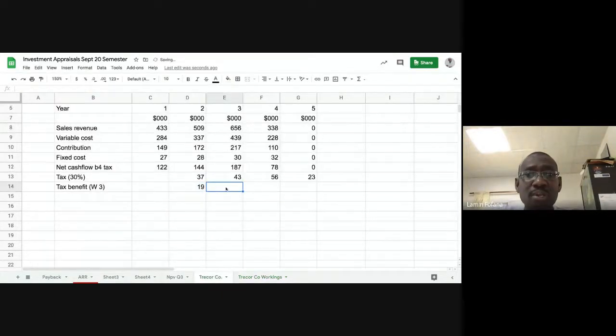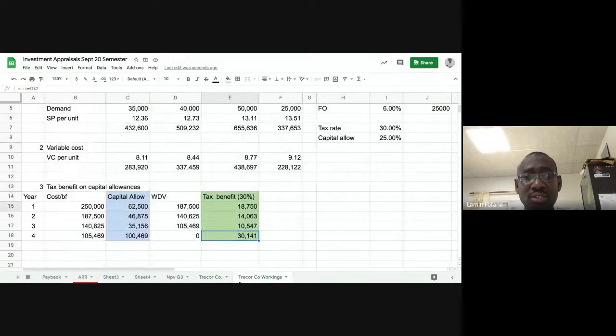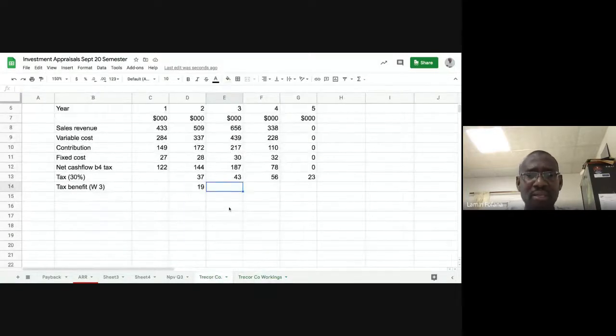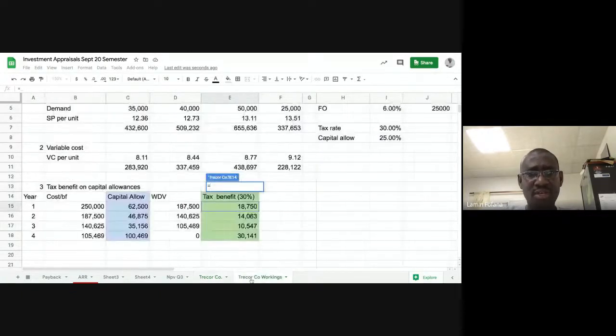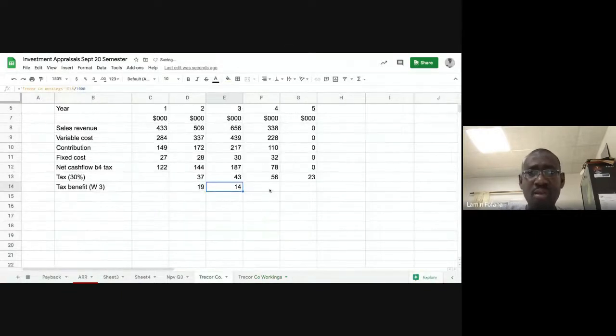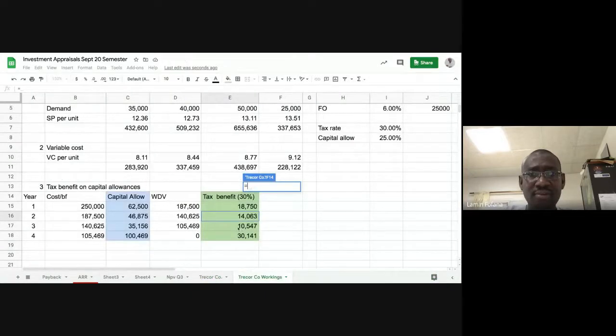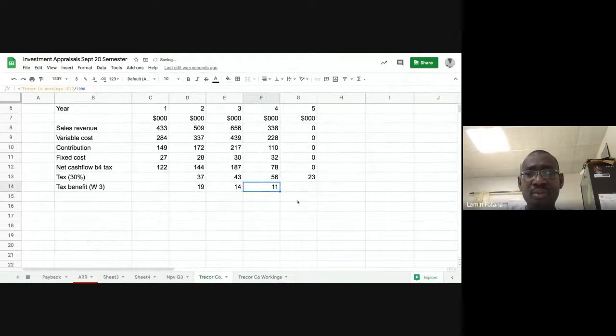Unfortunately, we cannot copy because this one is running vertical when this other one is horizontal. So we have to do it one by one. So for the third year, we're going to use the second year figure. We say divided by 1,000. For the fourth year, we're going to use the third year figure. We say divide by 1,000. And for the fifth year, we're going to use.